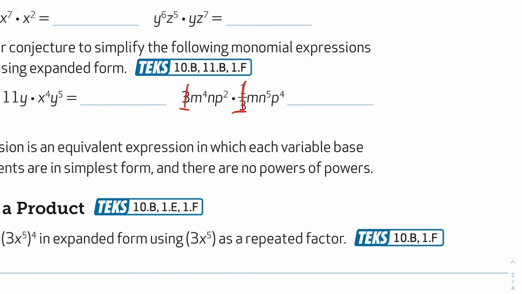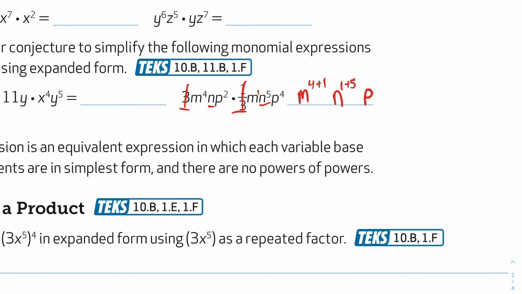Then we have m to the 4th power and m to the 1st power. So m to the 4th times m to the 1st makes m to the 4 plus 1. Then we have our n's. N to the 1st is the first one, and then n to the 5th, so we're going to add 5.